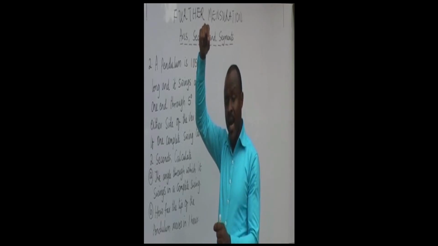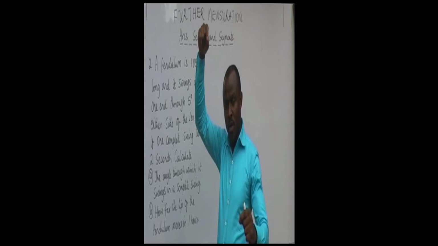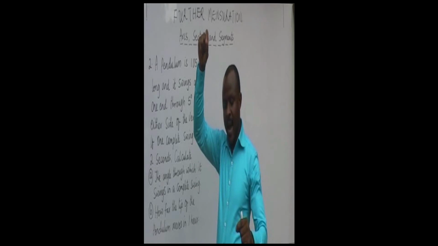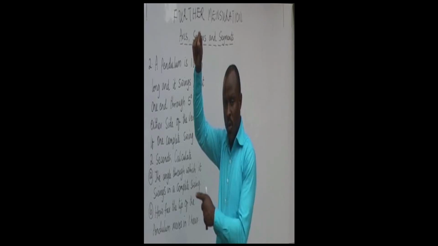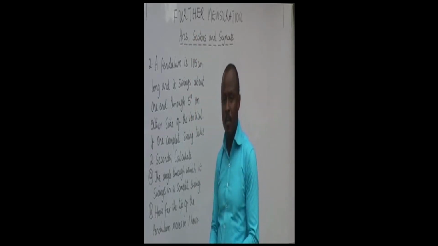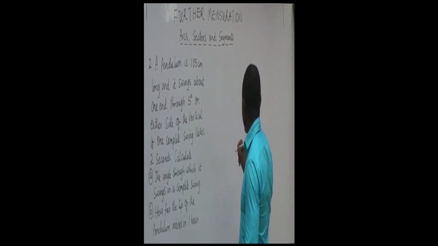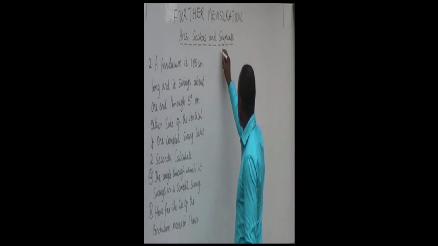Then that ball at the end of the rope is thrust through an angle from the vertical, then allowed to dangle to and fro. We call it a pendulum. So the pendulum takes this shape. Don't mind my drawing. I'm not a good artist, but I can draw and explain something. A pendulum is something like this.